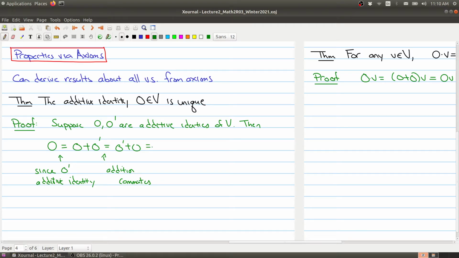And then this property follows from the fact that 0 is an additive identity. So we have 0 is equal to this term, which is equal to this term, which is equal to 0 prime. Looking at the 2 endpoints, we have that 0 is equal to 0 prime. So you can only have one additive identity. All the additive identities you find actually have to be the same element. And just remember when we reach the end of a proof, we put a little square there, just to remind the reader that we've reached the end of the proof.